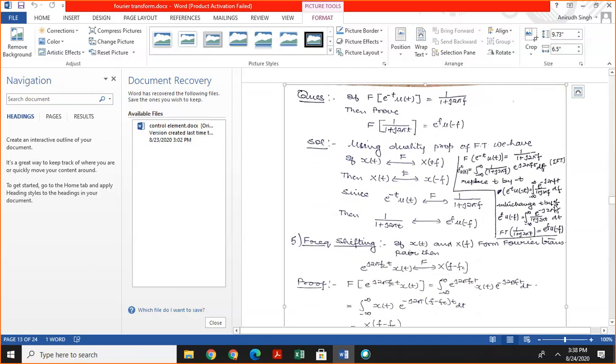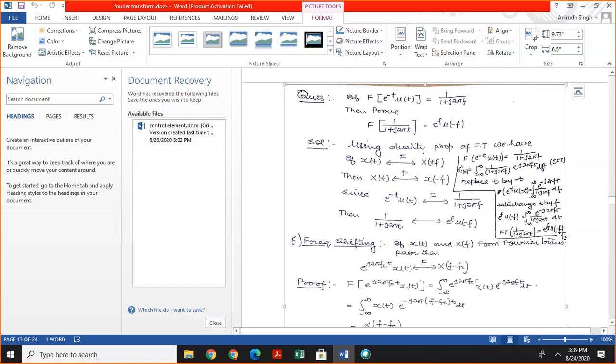Changing t by f, this t is changed into f, and this f is changed into t. So this expression is simply the Fourier transform of 1 by 1 plus j2 pi t. The Fourier transform of this is equal to exponential f u of minus f.